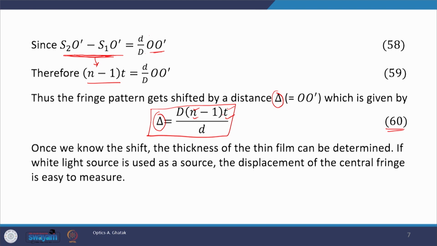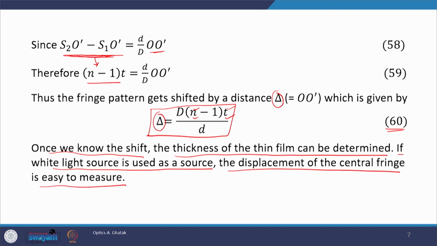This is one of the applications of Young's double slit experiment, or the interferometric setup. Once we know the shift, the thickness of the thin film can be determined, and if a white light source is used, the displacement of the central fringe can easily be measured.